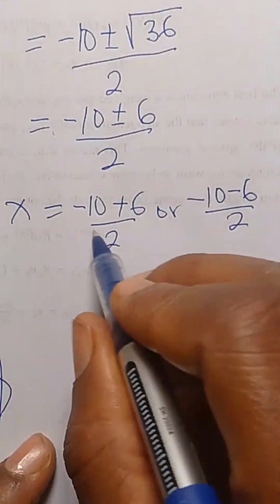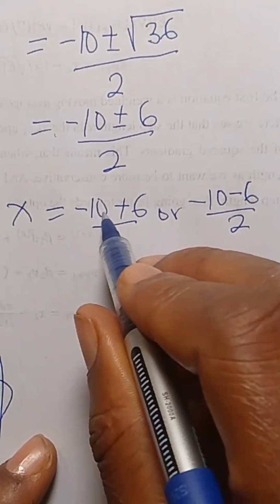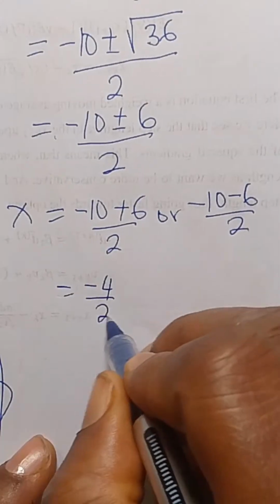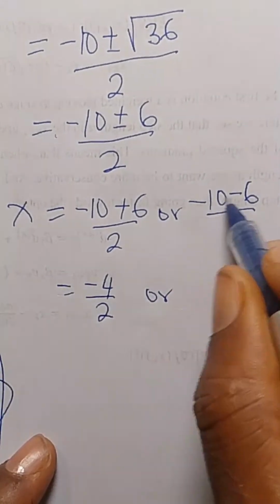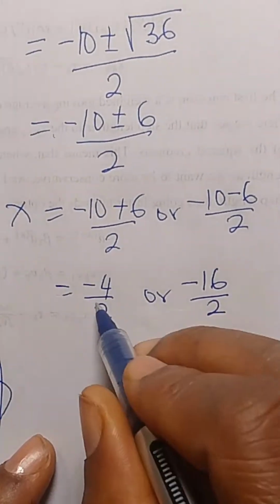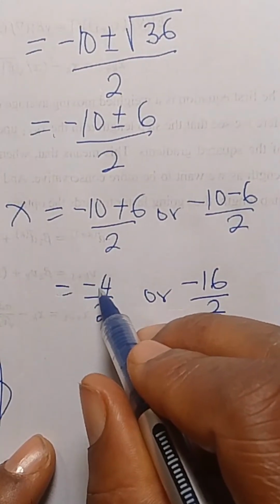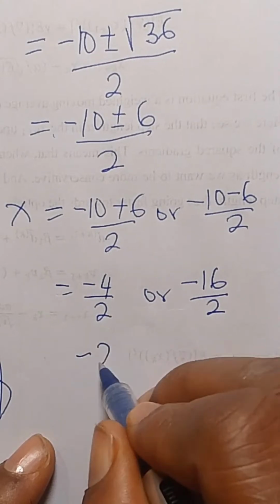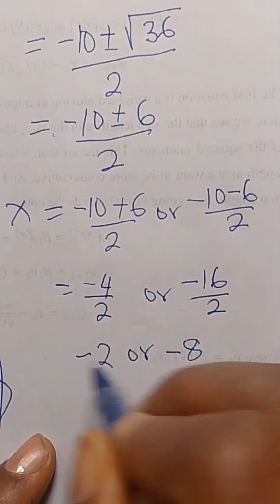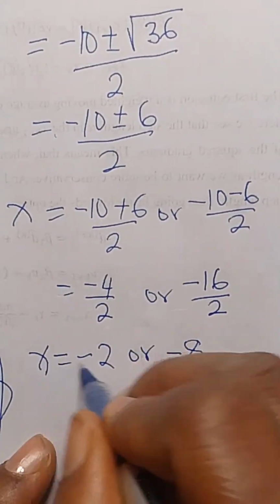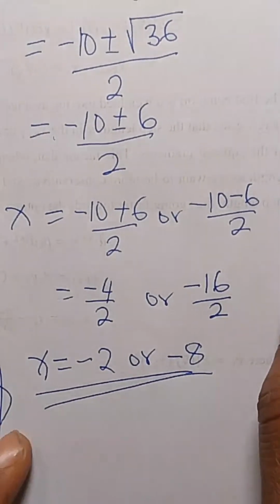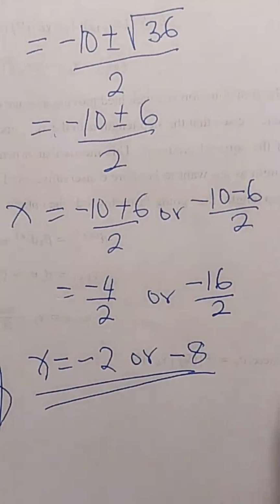Then minus 10 plus 6 is minus 4 all over 2, or minus 10 minus 6 is minus 16 all over 2. So minus 4 divided by 2 gives us minus 2, or minus 16 divided by 2 gives us minus 8. So our answer x is equals to minus 2, minus 8. All right. So that is how you solve it.